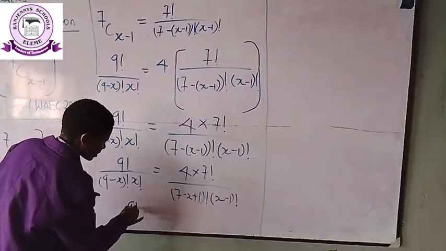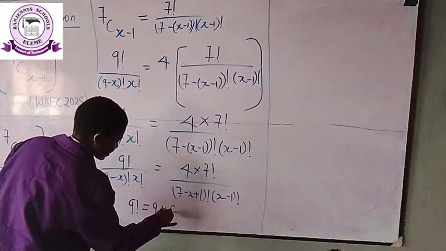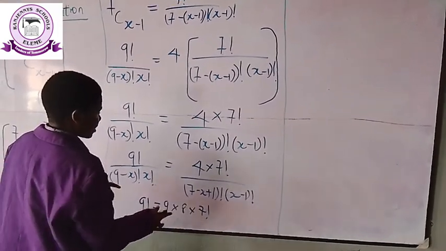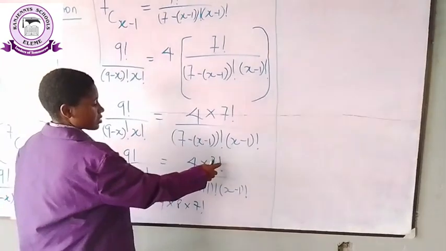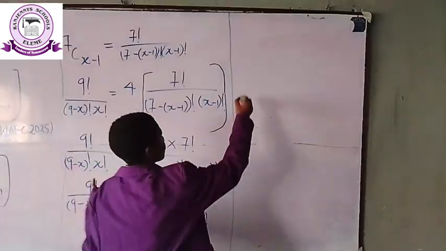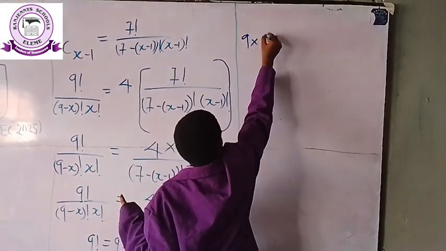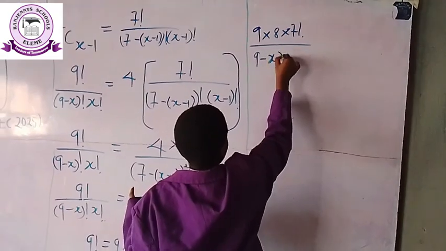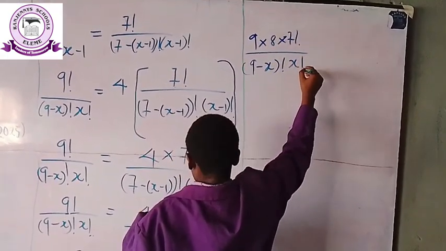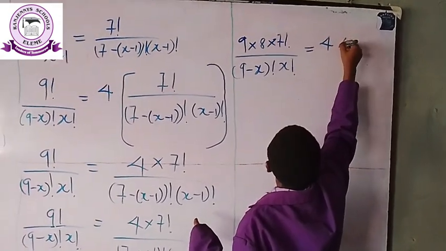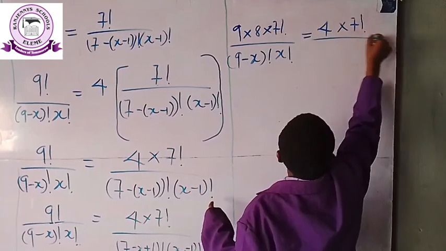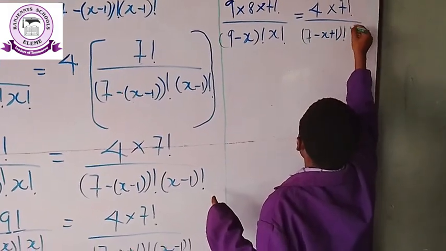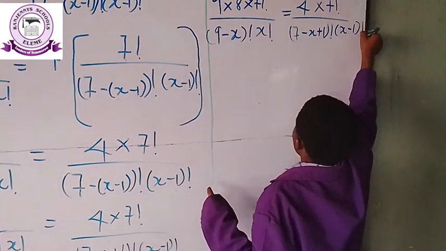9 factorial is the same thing as 9 times 8 times 7 factorial. So I'm going to substitute this into this and use it to eliminate 7 factorial. So 9 times 8 times 7 factorial all over 9 minus x factorial x factorial equals 4 times 7 factorial all over 7 minus x plus 1 factorial x minus 1 factorial.